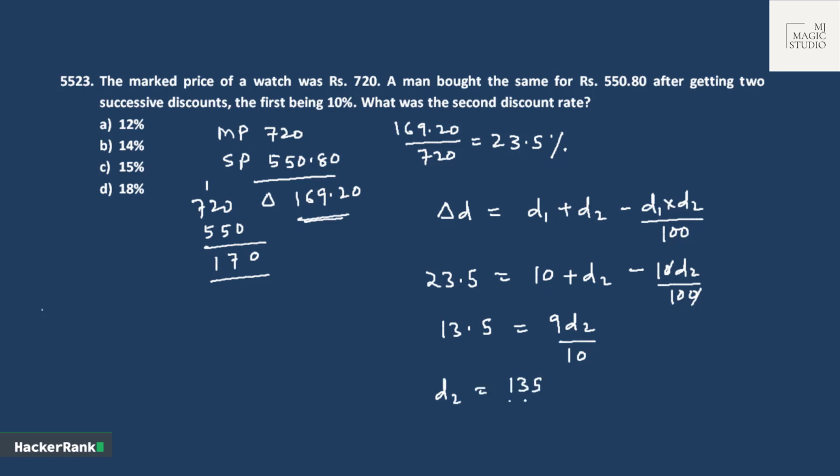Second discount is 135 by 9. That is 15%. Here we have used Rule 3, the net changing rule. Please go through the master class of profit and loss. We can also get this answer straight away using Rule 3, where combined discount is D1 plus D2 minus D1 into D2 by 100, where D1 and D2 are two successive discounts given. So if we know the value of the combined discount and one of the discount rates, the second discount rate can be easily calculated.